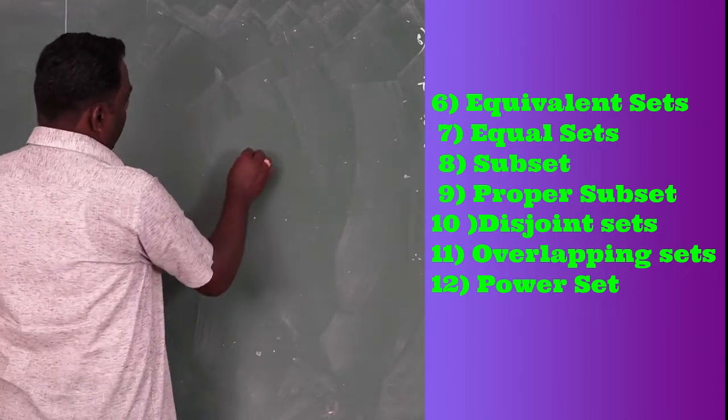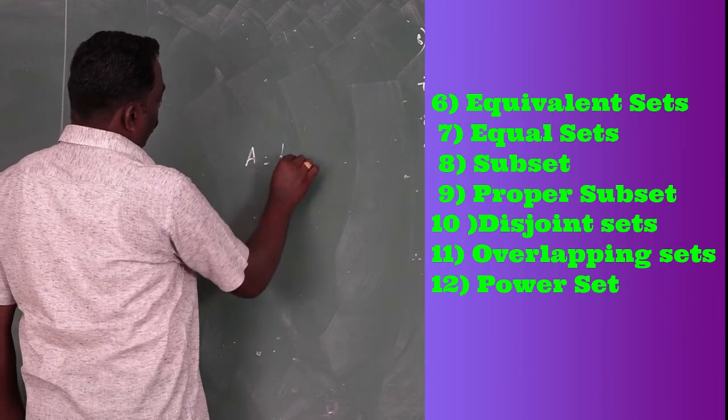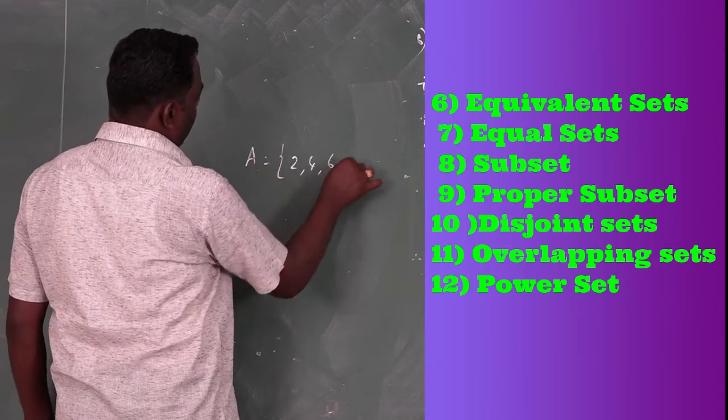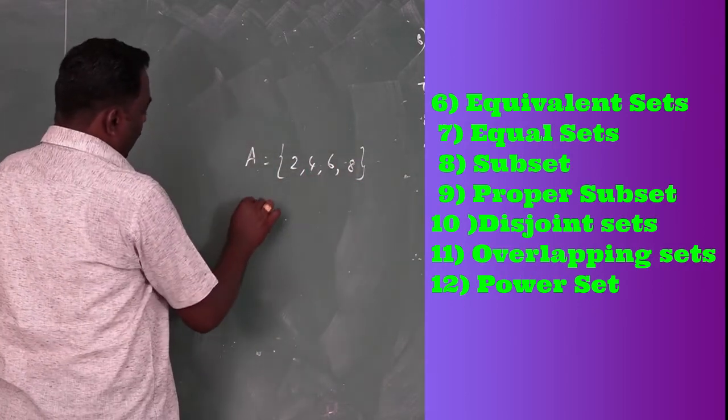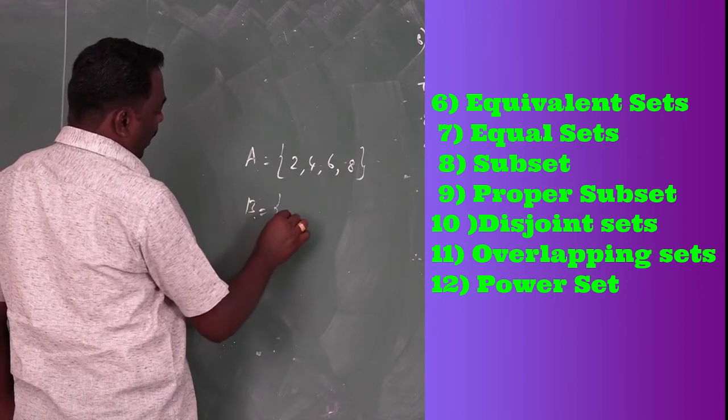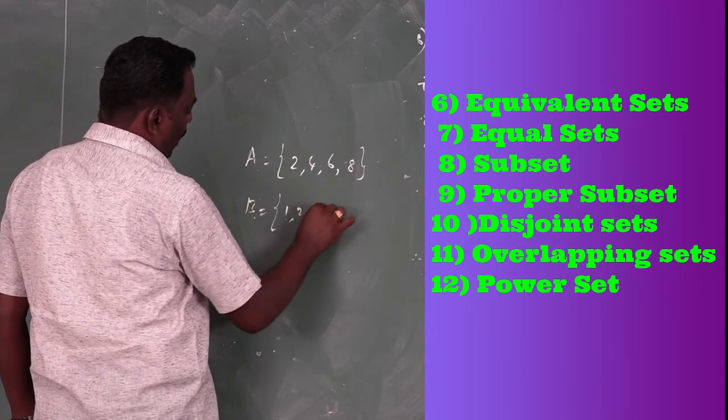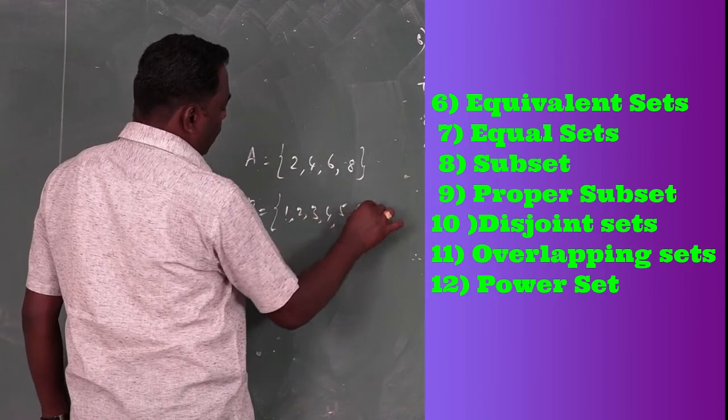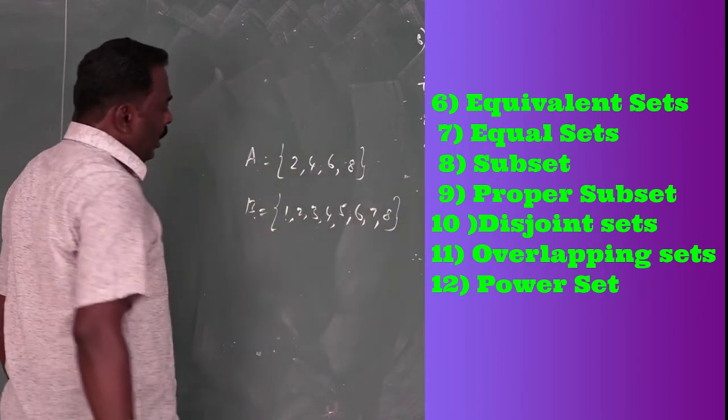Let us consider A equal to 2, 4, 6, 8. Then set B has elements 1, 2, 3, 4, 5, 6, 7, 8.